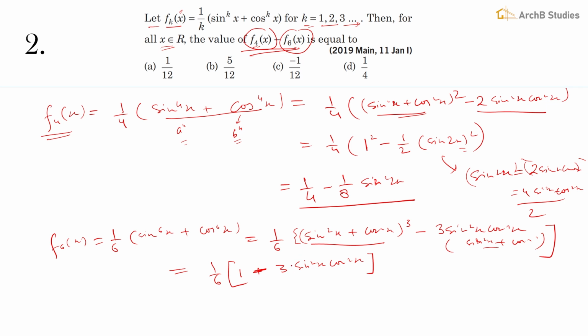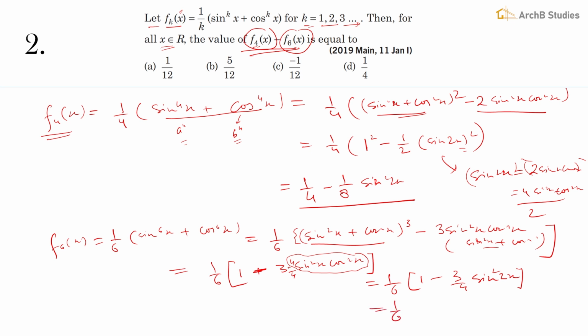Again we will apply this formula. We need 4 over here, so we will multiply by 4 and divide by 4. I think you got why we need 4: because we can make this sin 2x whole square. So we write this as 1/6 times (1 minus 3/4 sin square 2x).